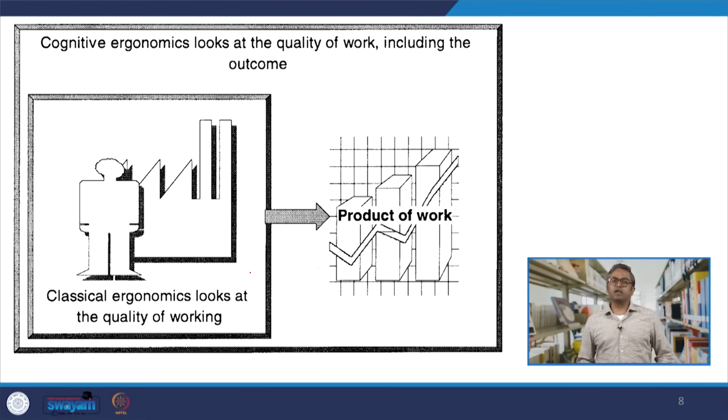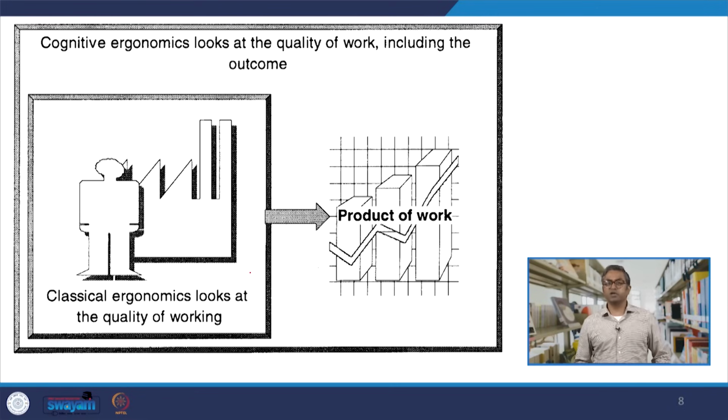When, on one hand, classical ergonomics was only looking at the quality of working, it raised several concerns. If human factor is only and only about the quality of working, then human beings, the workers, the employees may face several challenges and it ultimately affects the work.